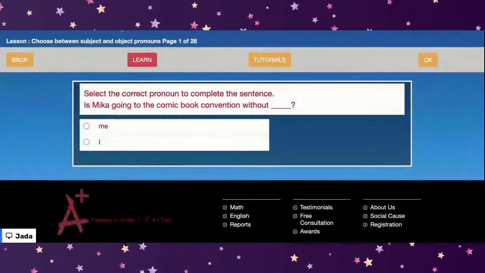Send in your answers. Which one? Is Mika going to the comic book convention without dash? I or me? Which one is your answer?